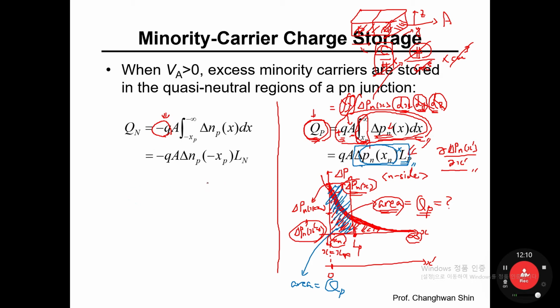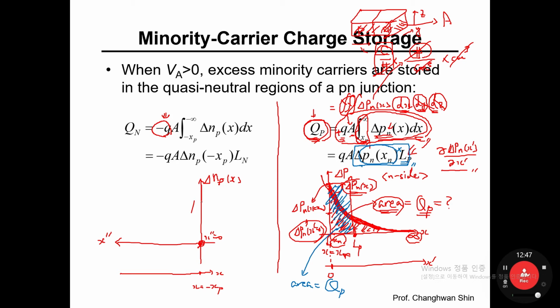All right, so let's draw how the excess electrons are accumulated or stored in the p side. So delta n sub p of x. This direction indicates x, but we are going to adopt x2 prime as the new coordinate system. So x2 prime is 0 here, corresponding to x of minus xp.